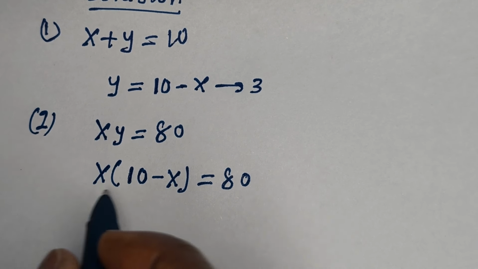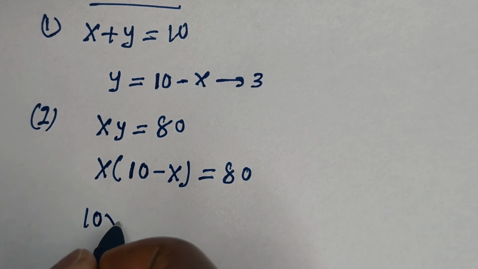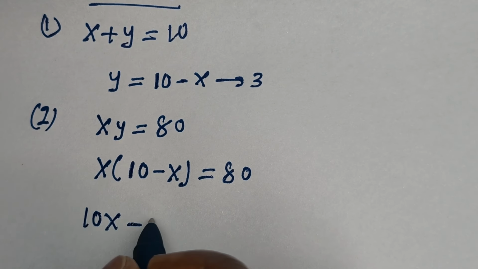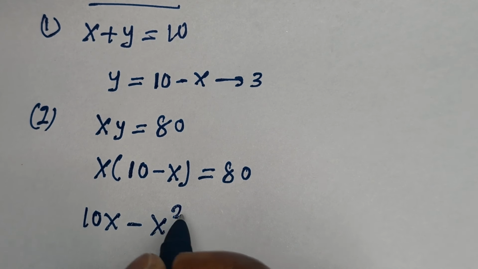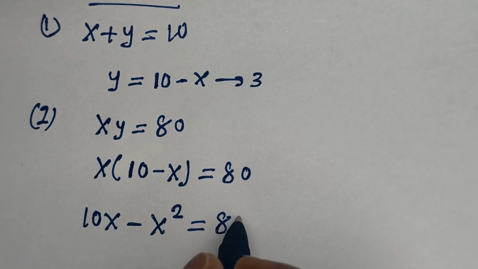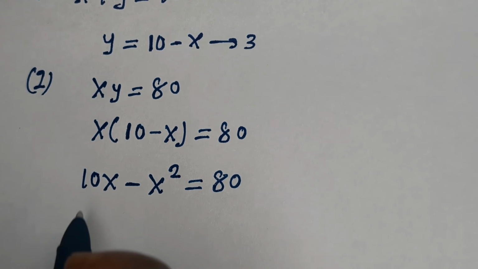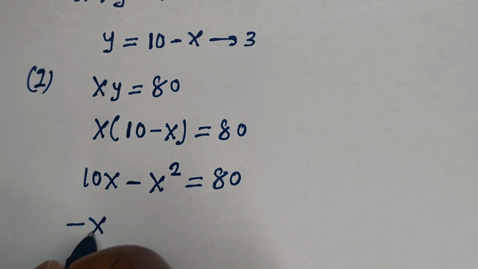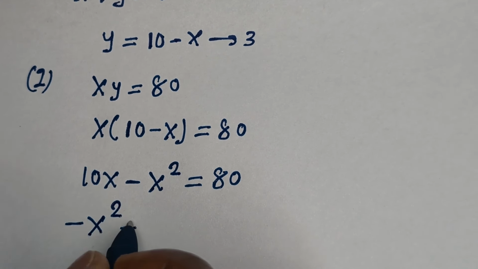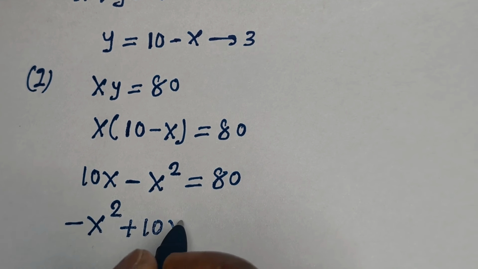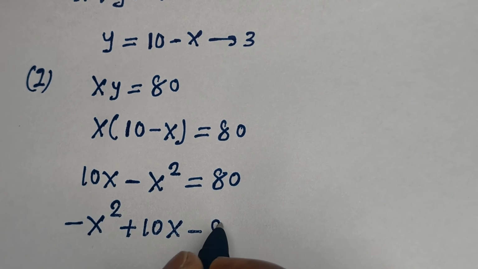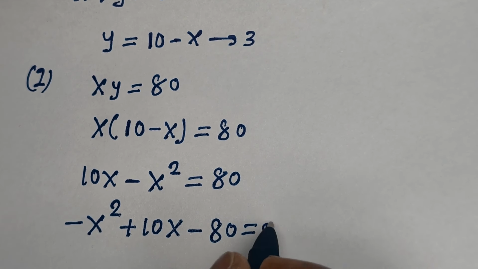Now x multiplied by 10, this is 10x minus x multiplied by x, x squared is equal to 80. Now we have minus x squared plus 10x minus 80 is equal to 0.